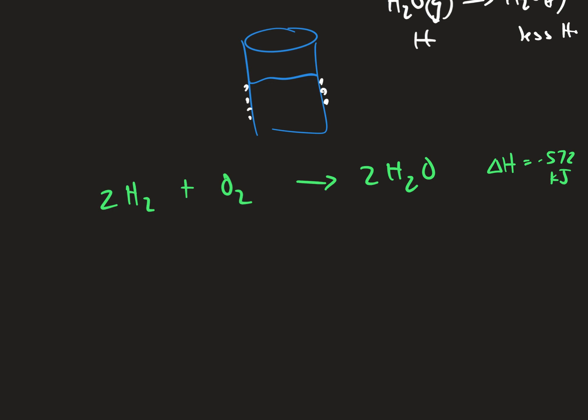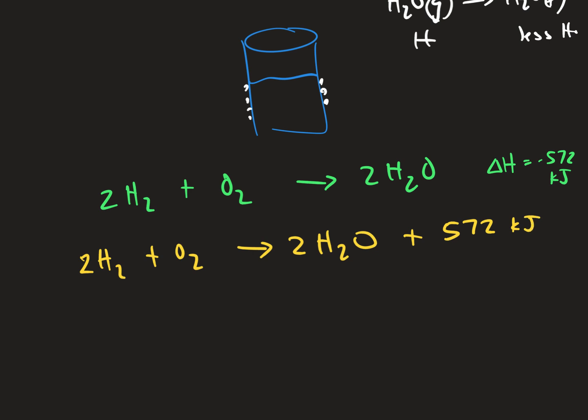So if heat is exiting the system, do we say heat is our product or heat is our reactant? Our product. It's what we get after the reaction, right? So another way to write this same thing is 2H2 plus O2 gives us 2H2O plus 572 kilojoules.